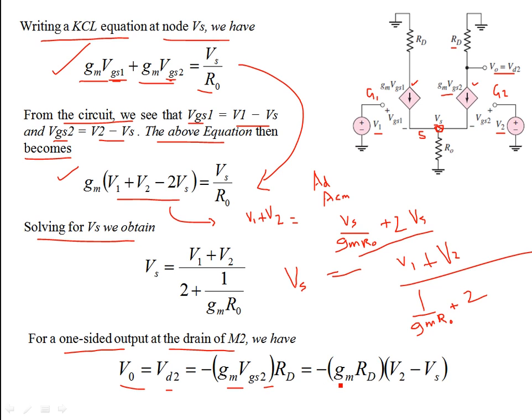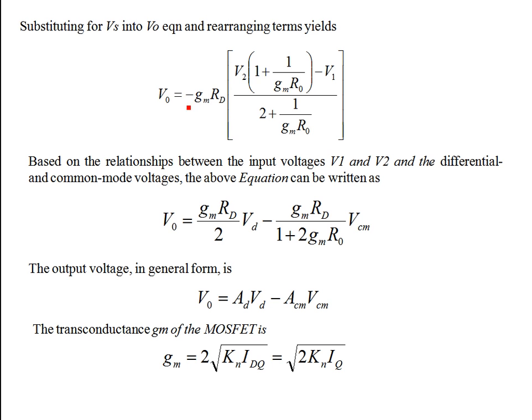Now you can write this as minus gm RD times VGS2, which in terms of the two node voltages is V2 minus Vs. Then you can substitute for Vs from here.